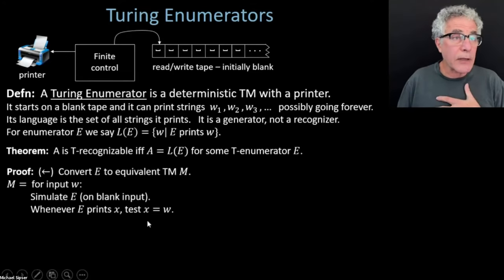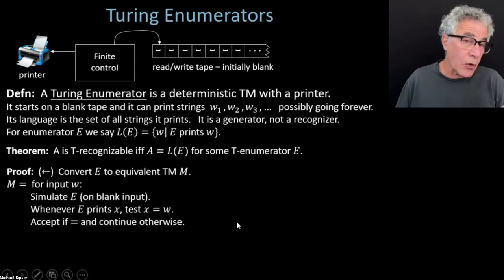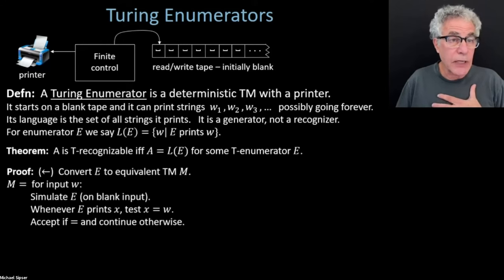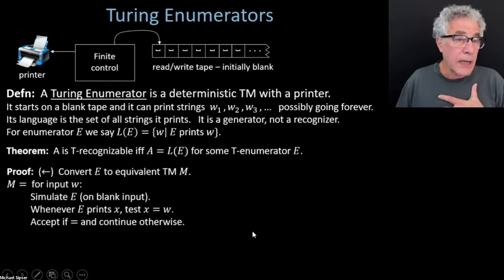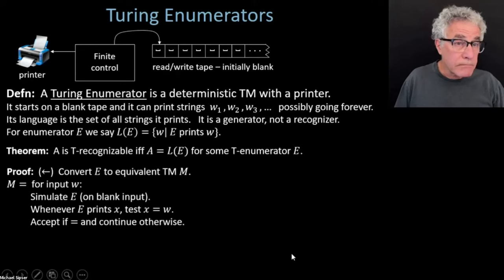But if I compare and compare and compare, and I never see the enumerator printing out my input string 1101, well, I just keep simulating E. If E halts, then I can halt and reject, since I never saw that string come out as an output. If E doesn't halt, I'm not going to halt either. I'm going to go forever, but then I'm rejecting my input by looping.